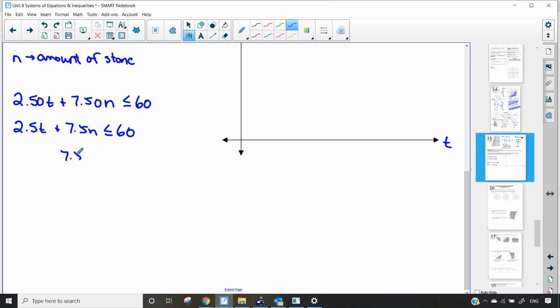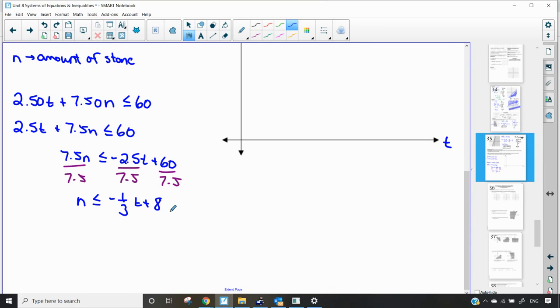So that's going to give me 7.5 N is less than or equal to negative 2.5 T plus 60. I'm going to divide by 7.5 on both sides. And that gives me N is less than or equal to negative 1/3 T plus 8.